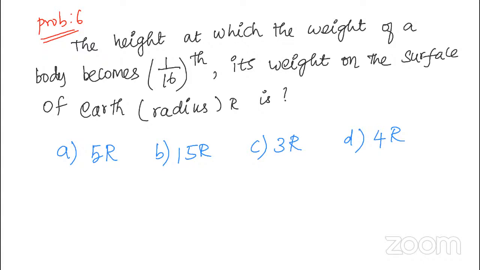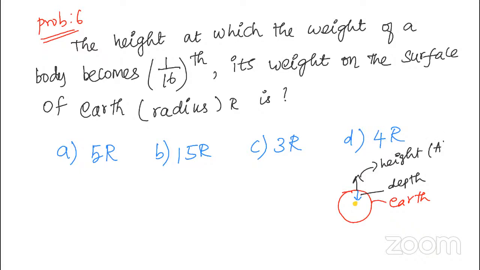In the previous class, we saw that this should be taken as the Earth, and this is the center portion. This is below the surface, and this is above the surface. This is simply called the depth, and this is simply called the height, that is above the surface and below the Earth's surface.